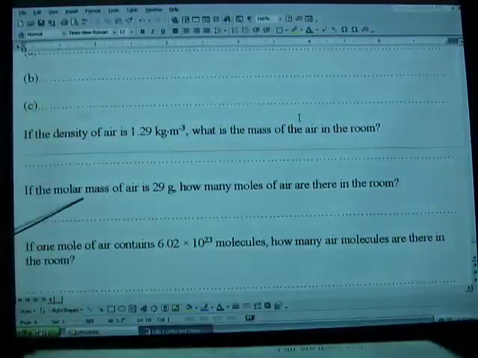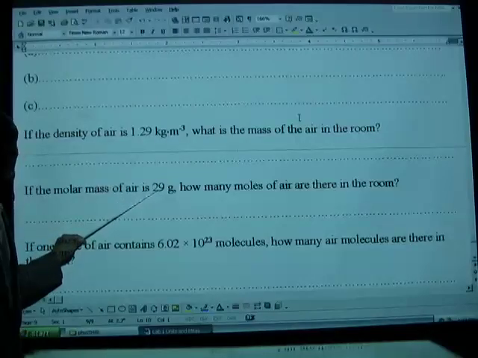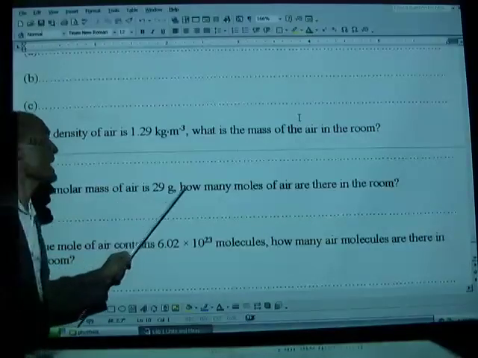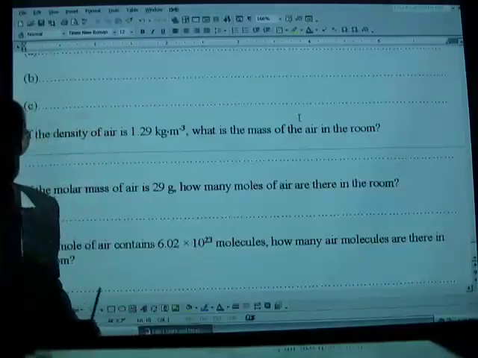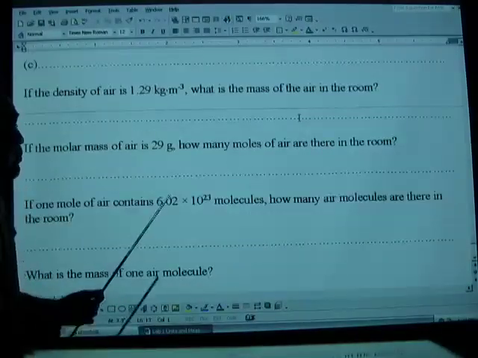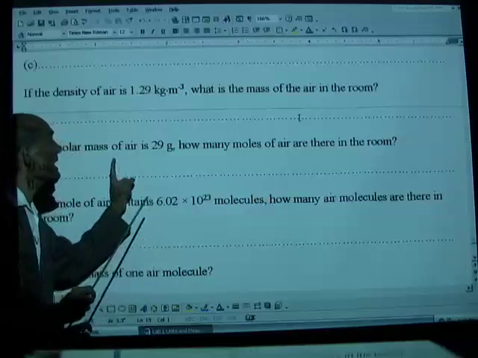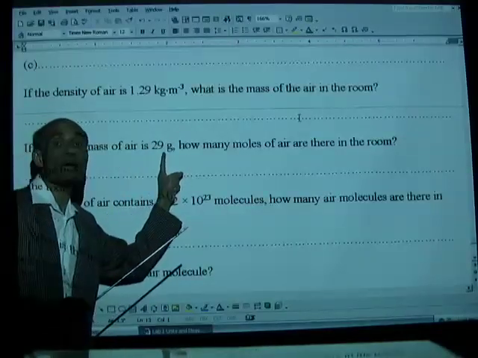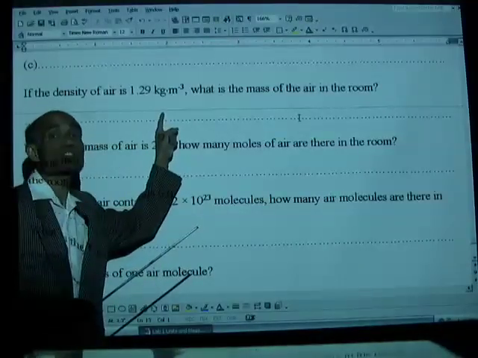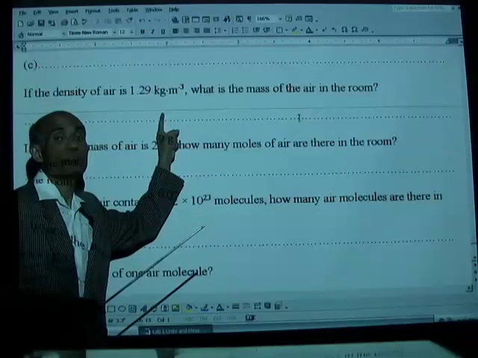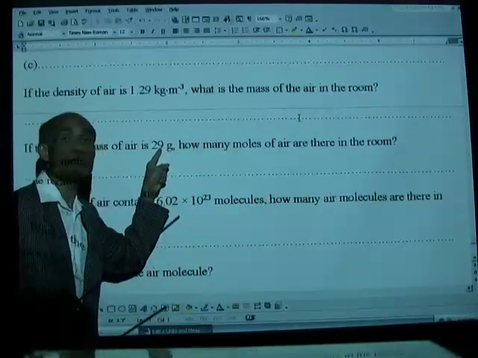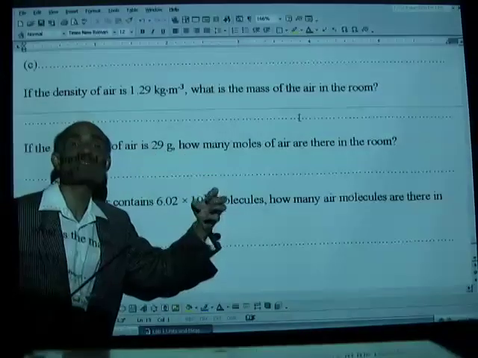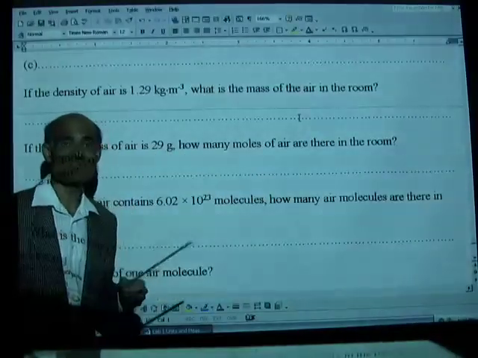Now, if the molar mass of air is 29 grams, how many moles of air are there in the room? 1 mole of air has a mass of 29 grams. And you know the mass now in kilogram. Make that into grams, and if you divide by 29, you get the number of moles, right?